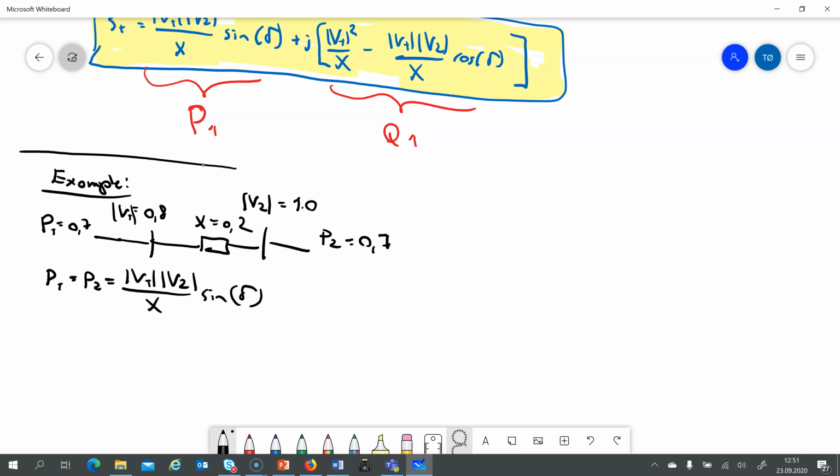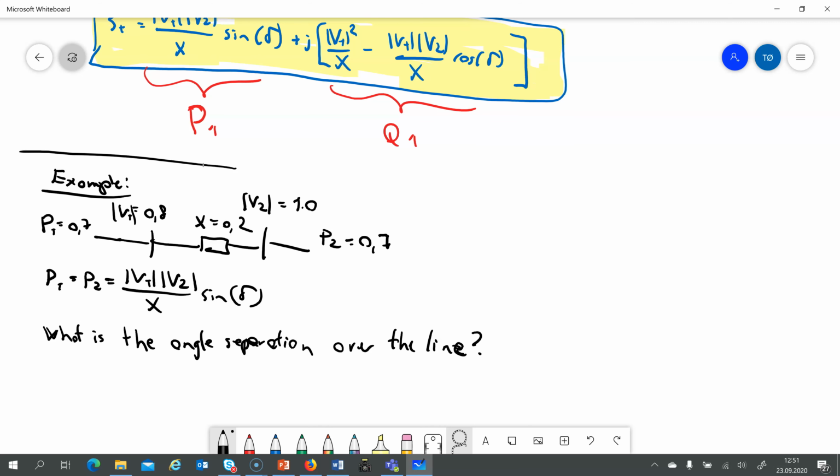So the question is then, what is the angle separation over the line?